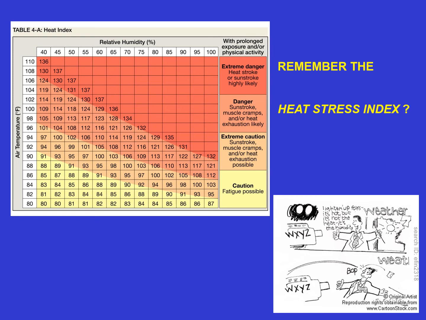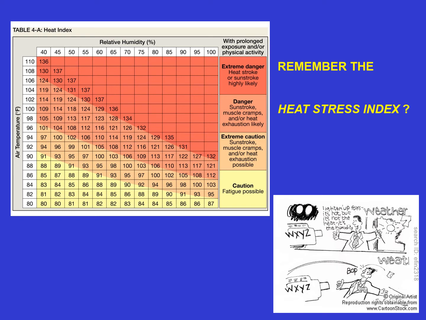You can just choose a particular air temperature, and then look at what percentage of relative humidity is going to take to put a person in extreme danger of heat stroke. Okay, so it's also color coded there. Where it's in yellow, caution, you could get fatigued, be careful.